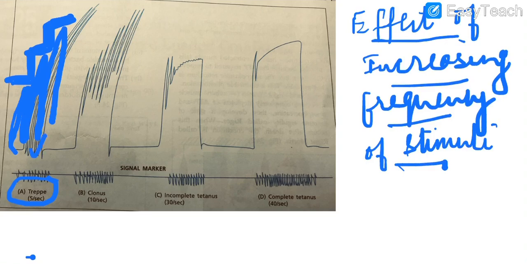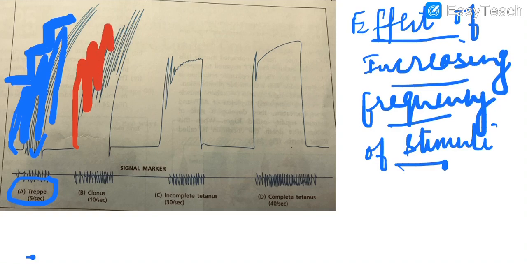The second one is what we are doing. The first stimulus effect is this one, and when the relaxation reached the midway, we provided the second stimulus. When the relaxation phase of the second stimulus reached the halfway, we provide the third stimulus, right?